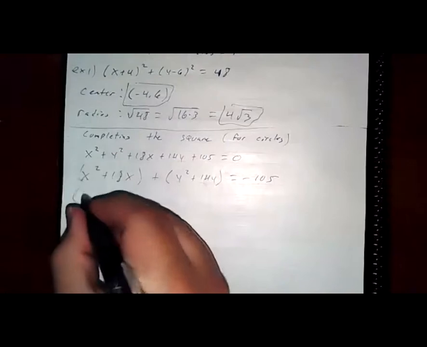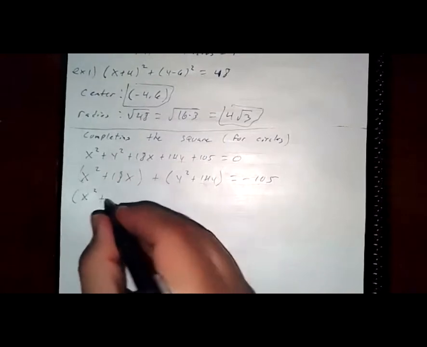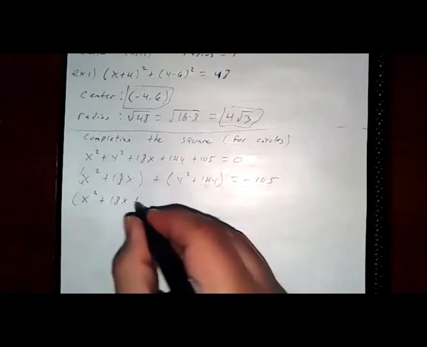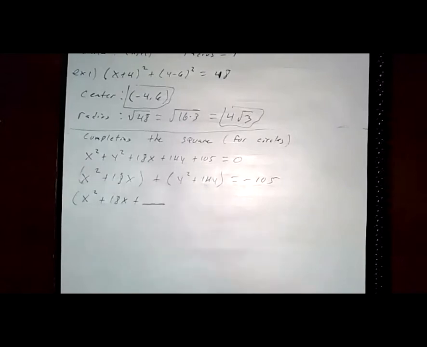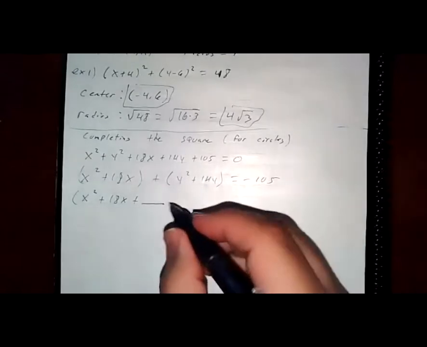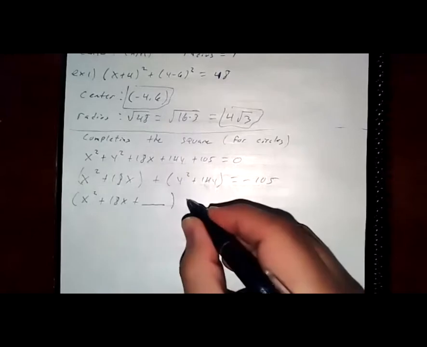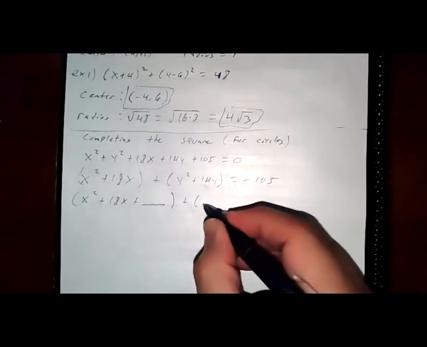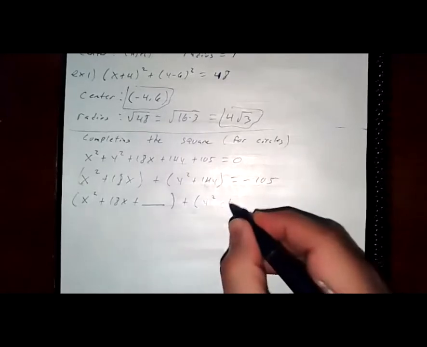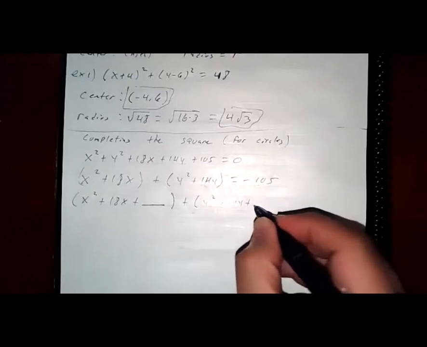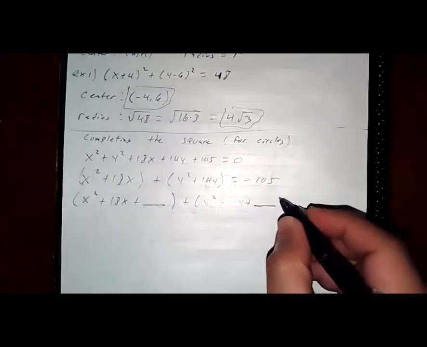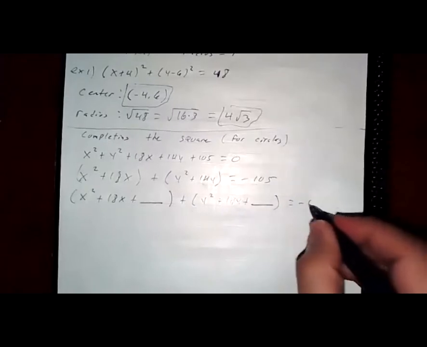So the procedure, I recommend leaving a little blank spot here for the number that we're going to add, and then the same for the y. Now that special number will have to be added to both sides.